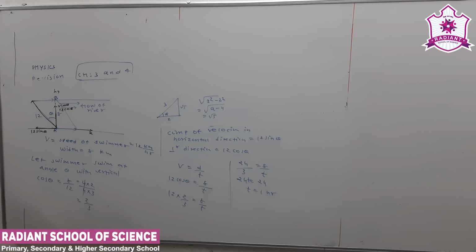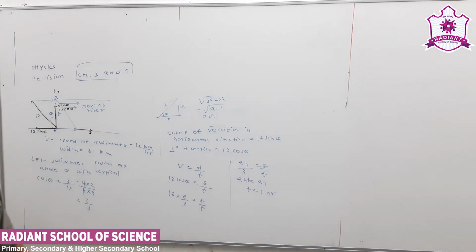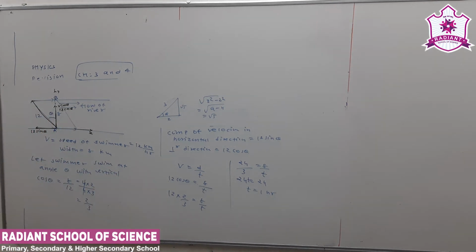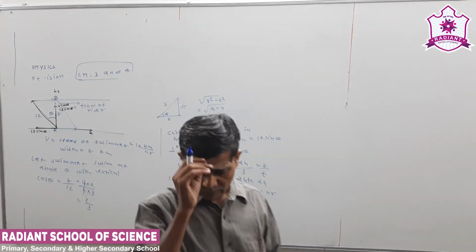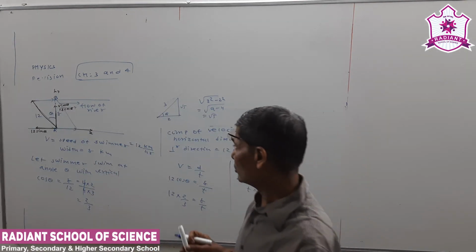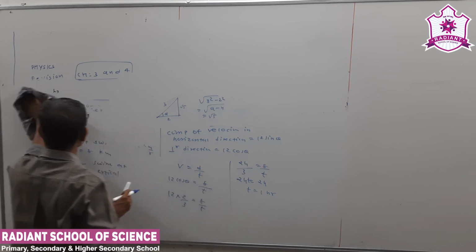So 12 cos theta is the component in the vertical direction, and the distance covered in the vertical direction is 8 km. This is how we can solve. Now this is a problem regarding river flow, and here also what we consider is two-dimensional motion.